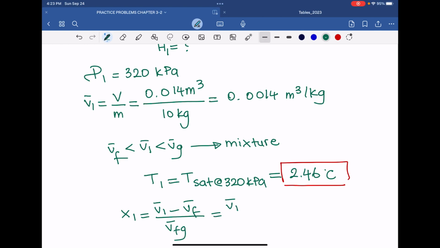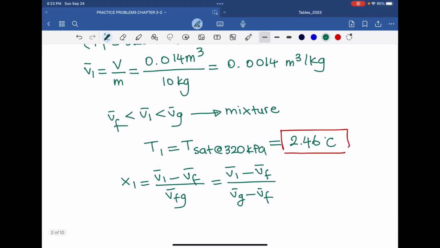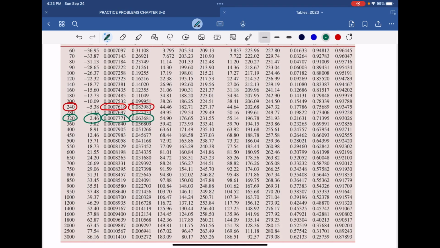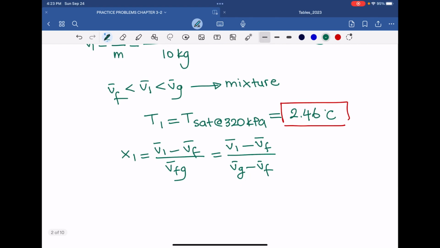Or in other words, Vg minus Vf. We can use this equation to calculate the quality. Of course, I need to know what Vf and Vg are. To do that, I go here and remember these values that we just read. Then let's plug these into the equation.